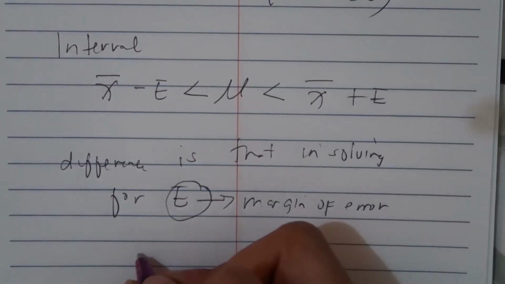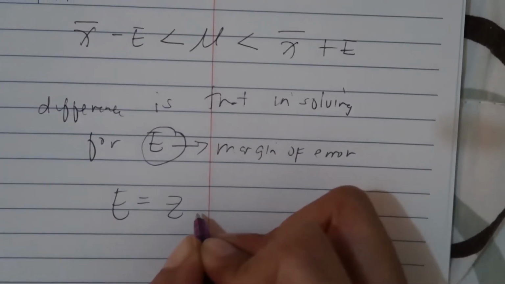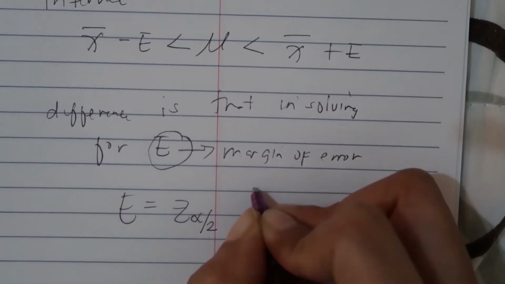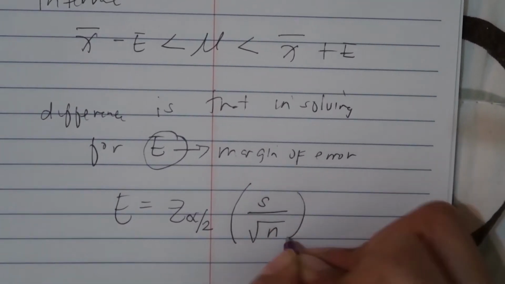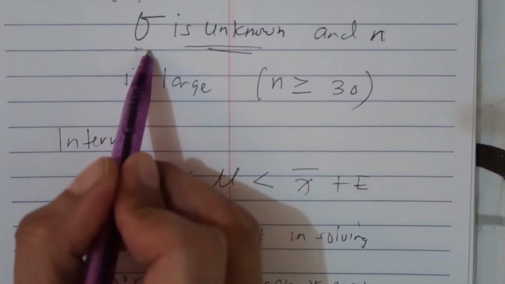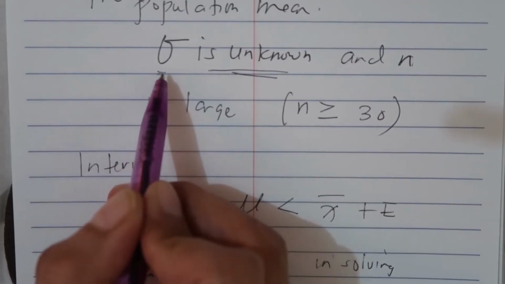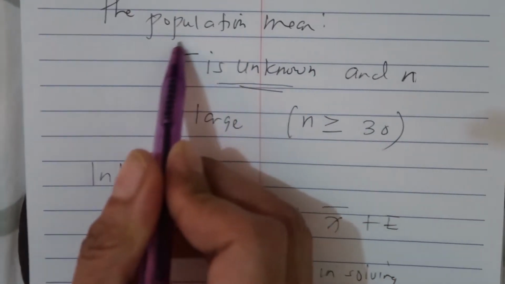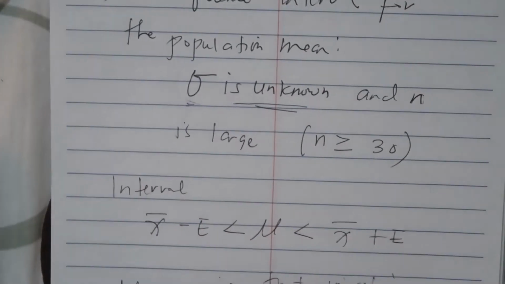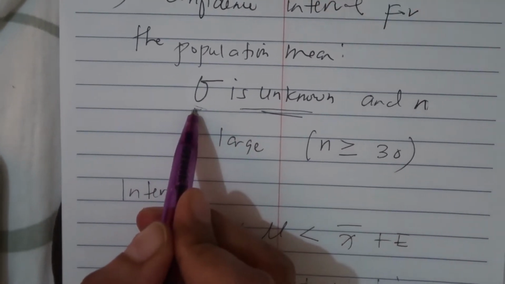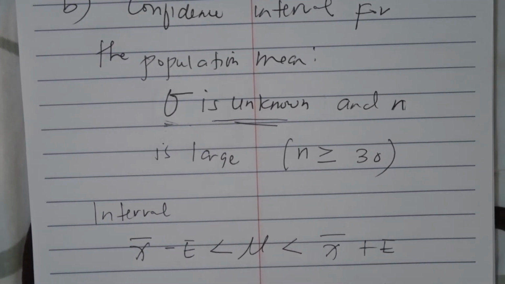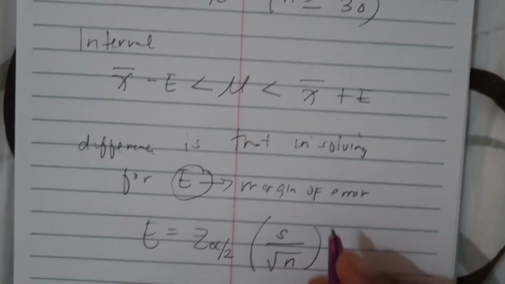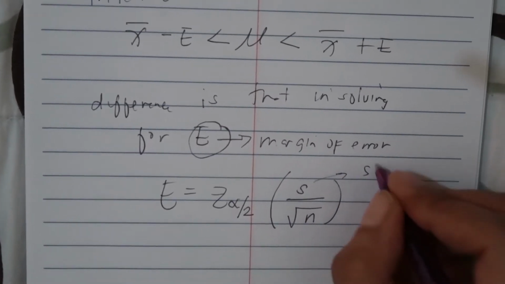So E is equal to Z alpha over 2 multiplied by S over the square root of n. Since the standard deviation of the population is not given, you are not allowed to use it. So the only given in that problem is the standard deviation of the sample.